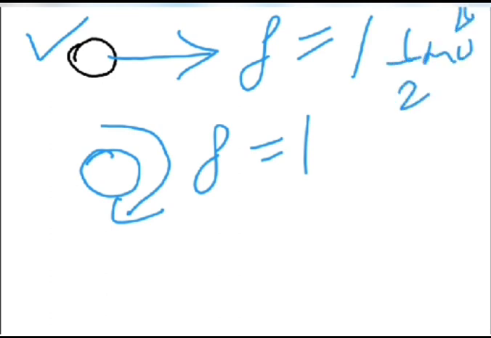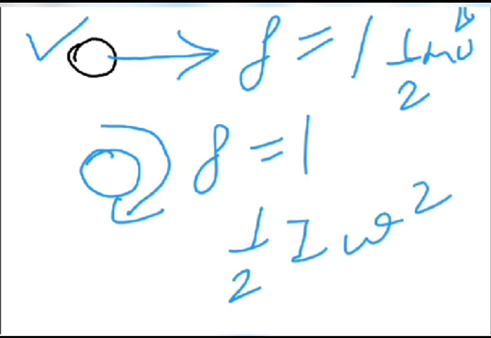What is v in this case? v is the velocity with which it is able to show its movement. In case of rotational motion, the associated energy is given as half I omega square, where omega is the rotational frequency with which that molecule or atom is able to rotate, and I is the moment of inertia associated with that particular atom. Is it clear?